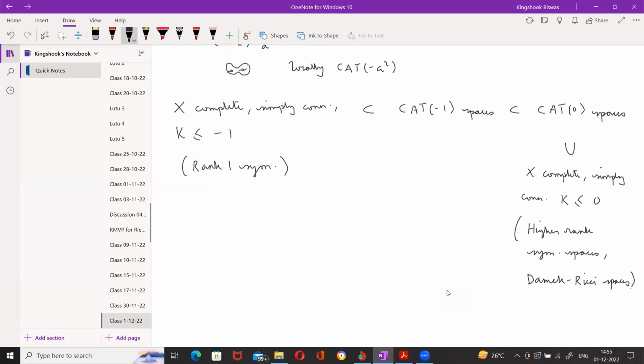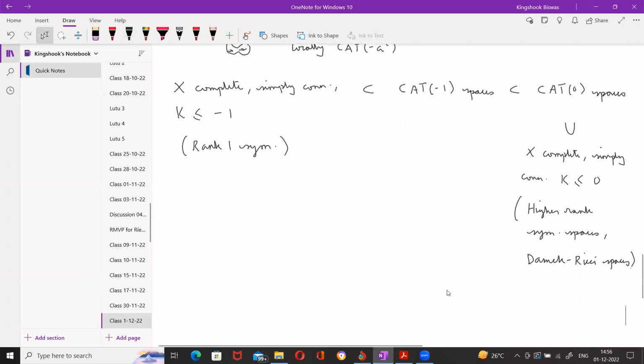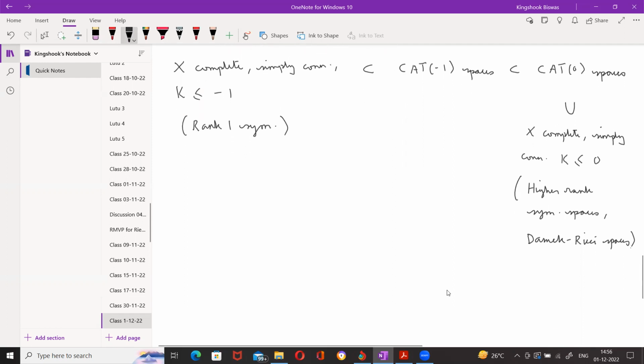So is the picture a bit clearer now? Another thing is Gromov hyperbolic spaces. That's the last thing to talk about. For all of these conditions, sectional curvature is an infinitesimal quantity. It's in terms of small neighborhoods of a point.